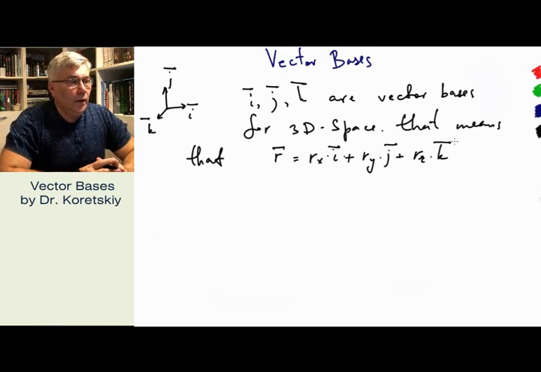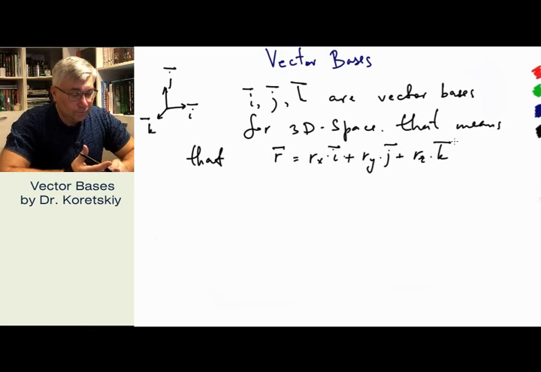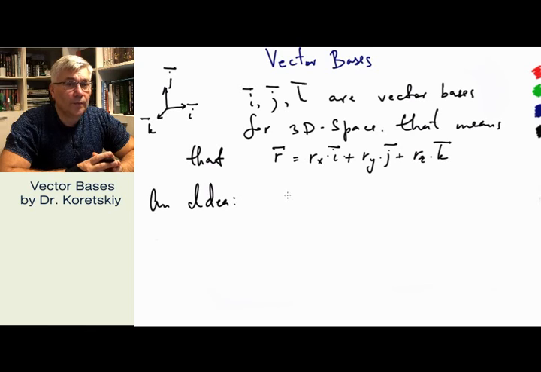Okay. What is the next idea? The next idea is that we can pick out any three arbitrary vectors for 3D space.